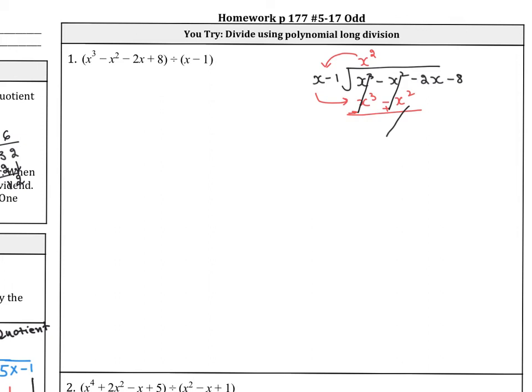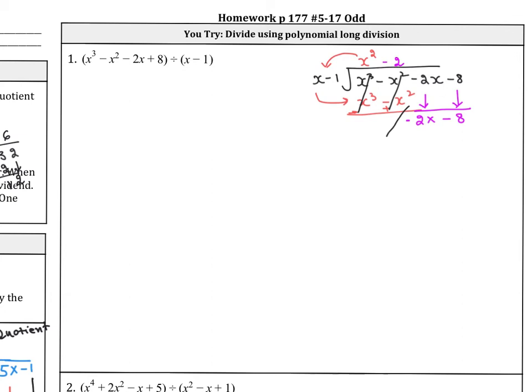What you're left with is the other two terms that are negative 2x plus 8. Now you're going to decide to multiply something that gives you either negative 2x or term that is less than negative 2x. So we can multiply here with negative 2 and write the result underneath.